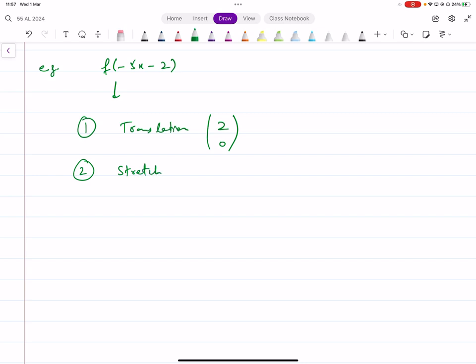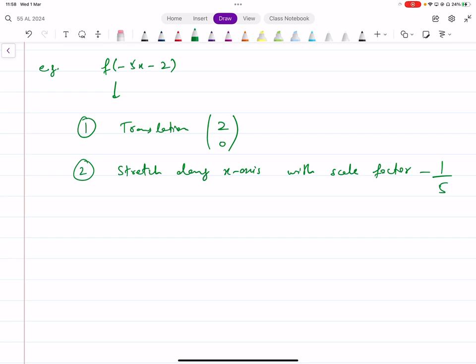Just stretch, that's not enough. किस डायरेक्शन में stretch? Stretch along the x-axis with scale factor... you could just directly do -5 scale factor here. Sorry, not -5, -1/5, not -5.